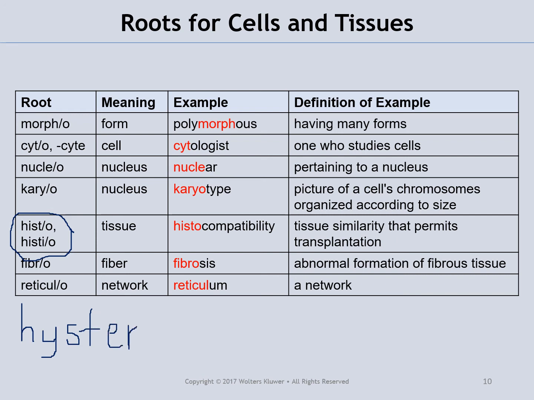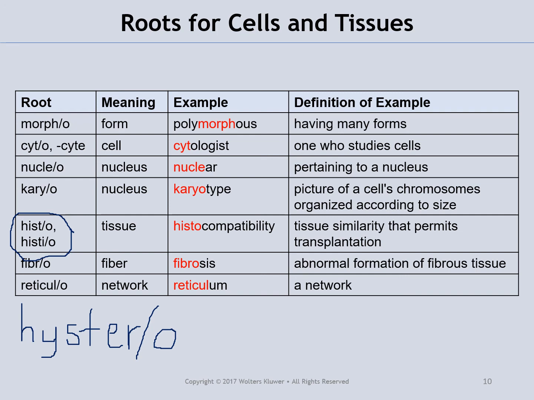Do not confuse histio with histero. These are not the same thing. Histo or histio refer to tissues, just in general. Histero refers to, take a minute, think about it. Histero refers to your uterus.